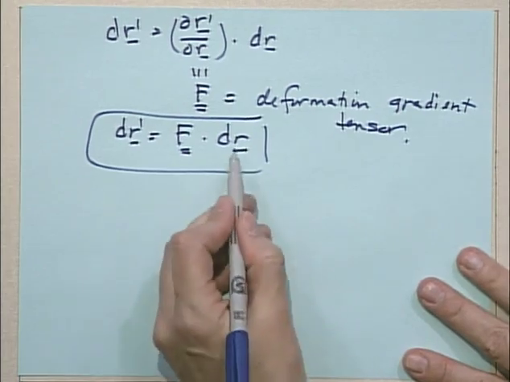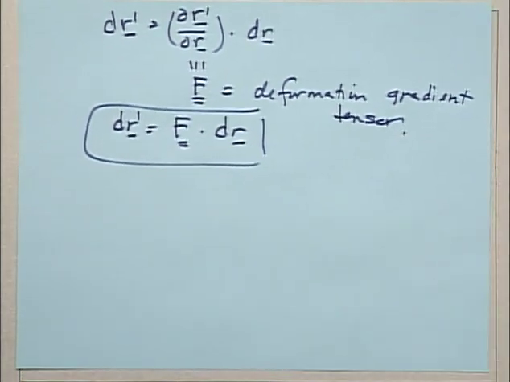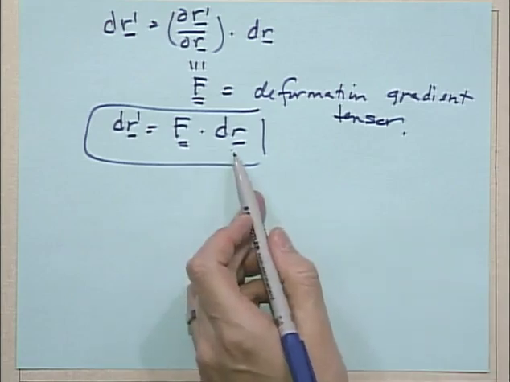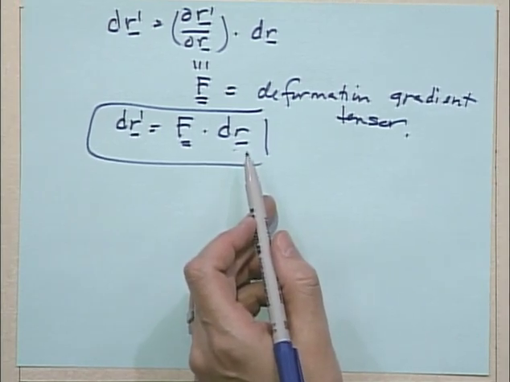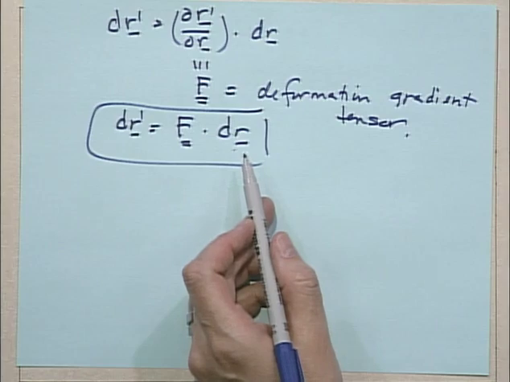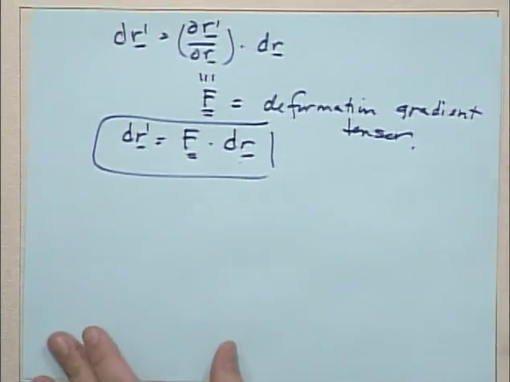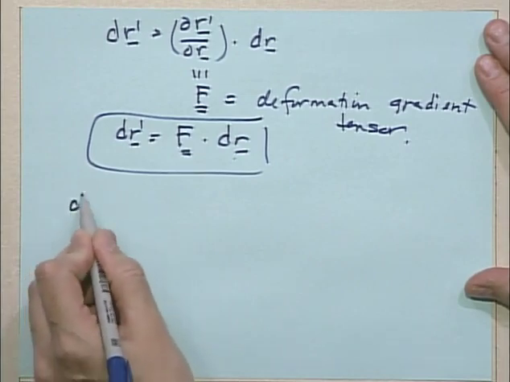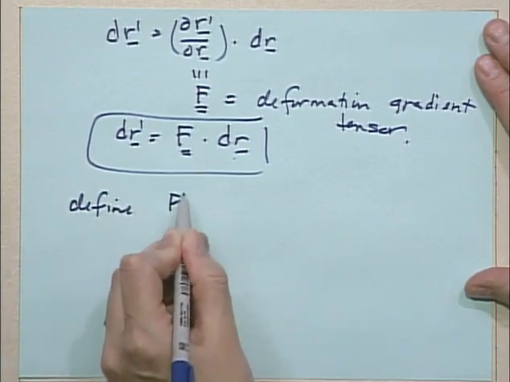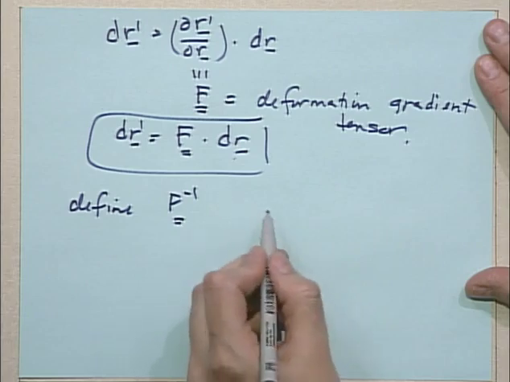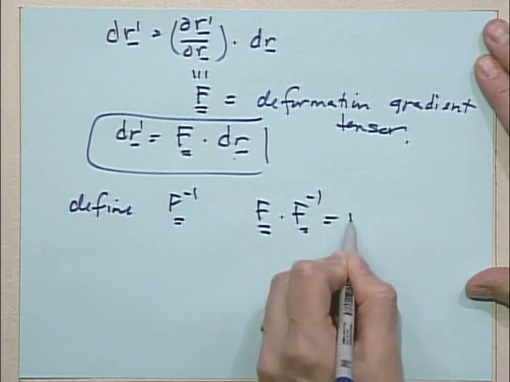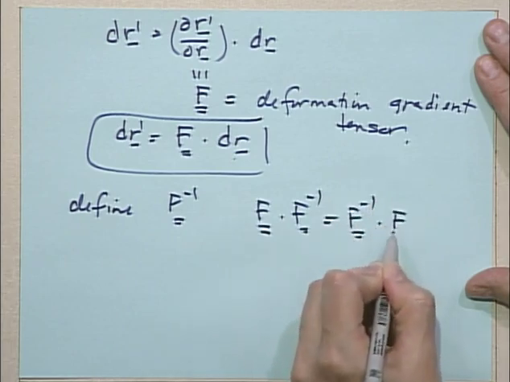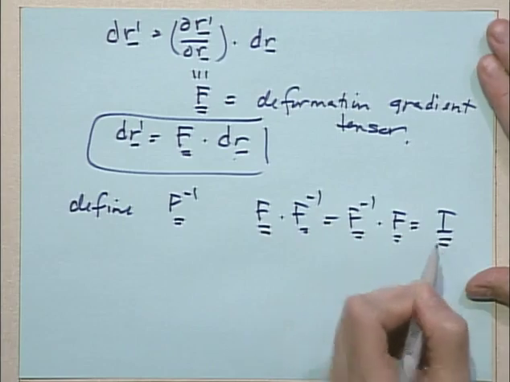We can also go backwards. If I know dr and I know f, I can get dr prime. I can also go from r prime to r by doing a little linear algebra here. If I define f inverse as the inverse of f, so that means that f dot f inverse equals f inverse dot f equals the identity tensor. Okay?